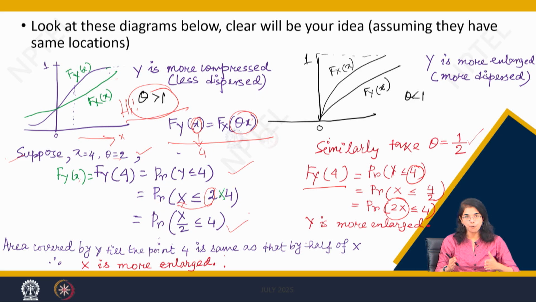Once you fix 4, the probability taken by Y till the point 4 is the same as the probability amount taken by twice X till that point. That means X has to go larger to reach the point that Y already reached. So Y is more enlarged. This is the concept of compressed distribution and enlarged distribution, and on this basis your scale parameter has to be checked, has to be tested.